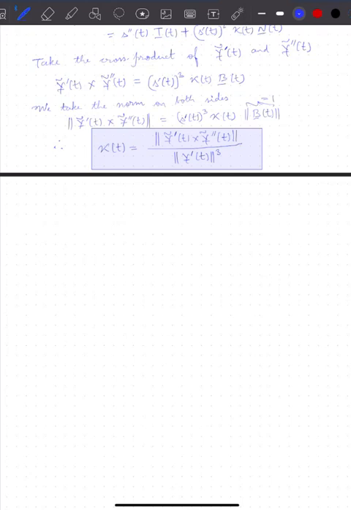If it's a unit speed curve, then the denominator becomes 1. And of course, then gamma prime is perpendicular to gamma double prime, which means that the norm of the cross product is just equal to the norm of gamma double prime.